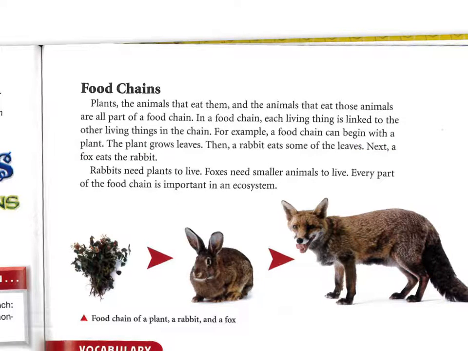The plant grows leaves. Then, a rabbit eats some of the leaves. Next, a fox eats the rabbit. Rabbits need plants to live. Foxes need smaller animals to live. Every part of the food chain is important in an ecosystem.